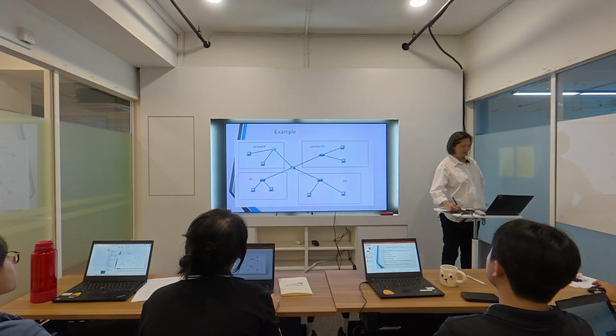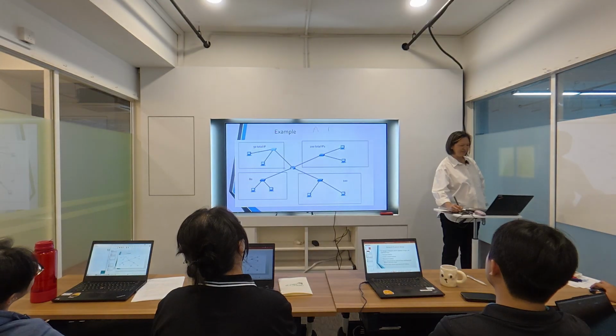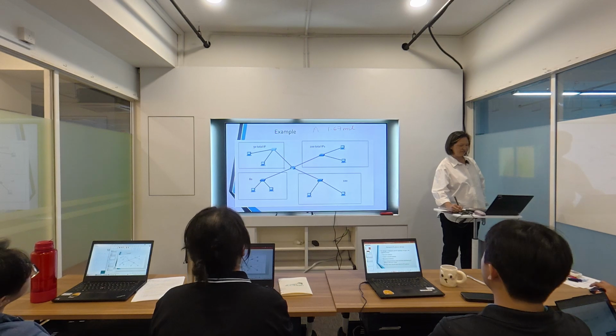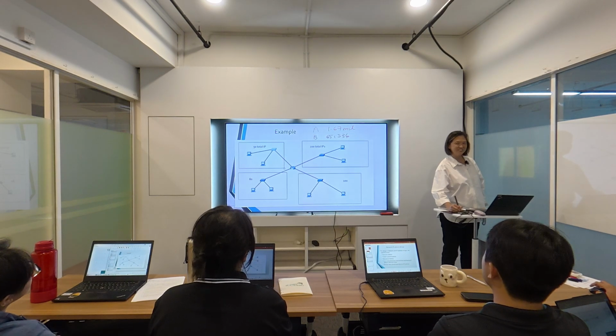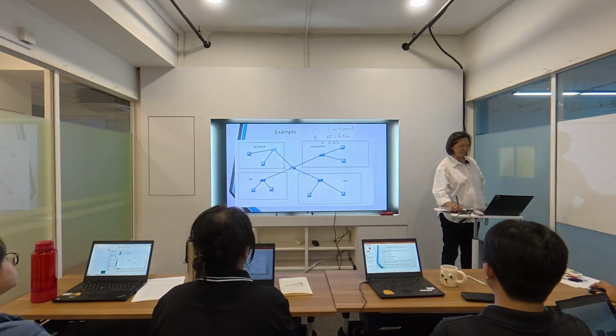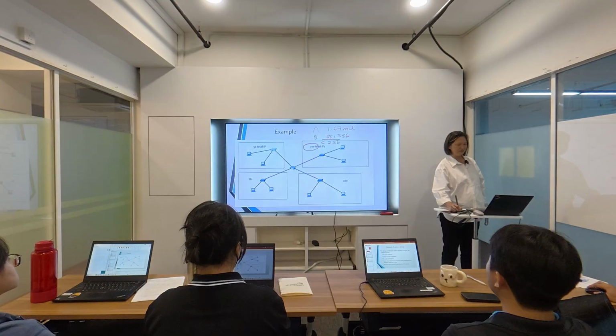Class C. To recap, class A is 1 point something million, that's the size of the network. Class B, 65,536 hosts. Class C, 256. Since the maximum we have is only 200, we will choose a class C address.